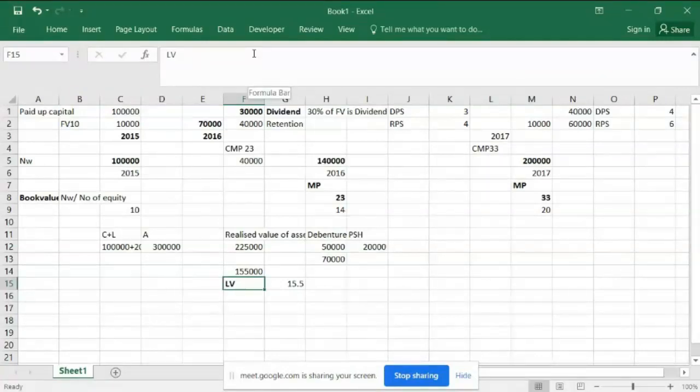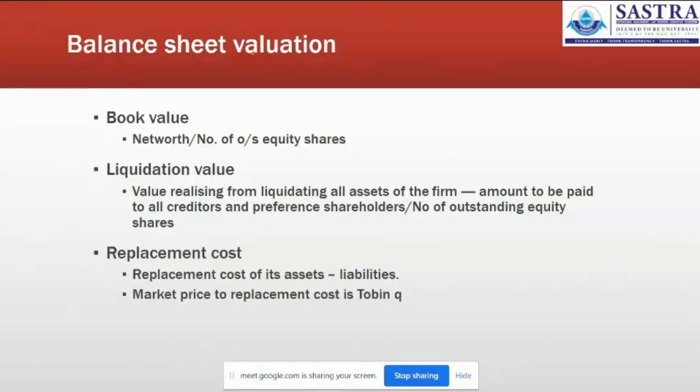So you can once again work it out. If you need any clarification on this, just write the question. I hope you know how the book value is calculated, based on the balance sheet. That is the first one. The second one that we can find out is the liquidation value.